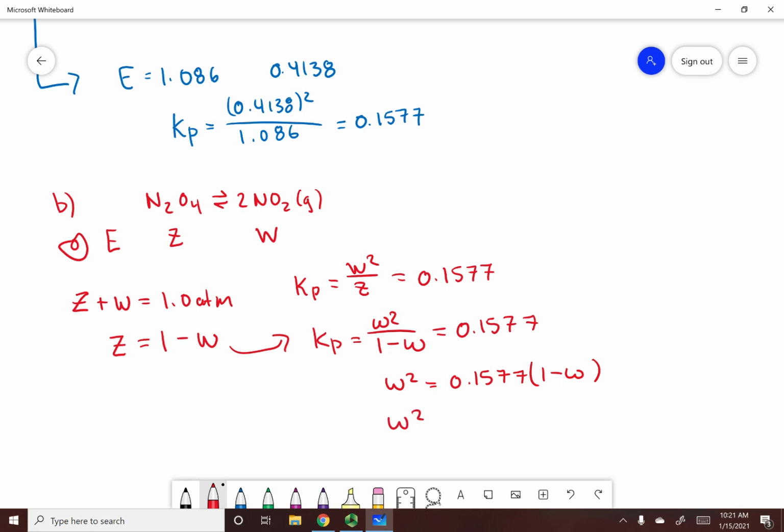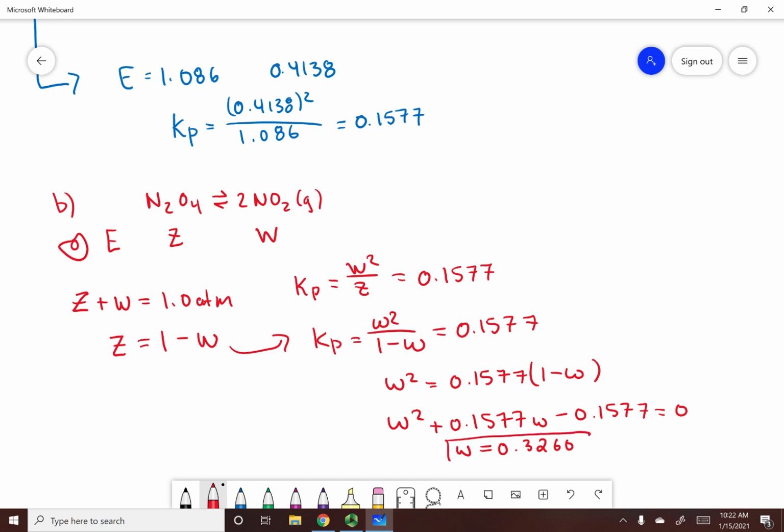So if you do that little bit of math, you get W squared plus 0.1577 W minus 0.1577, all of this equal to 0. Go ahead and plug this into a solver. You'll get two values, but the only reasonable one is 0.3260. Remember, you can't have a negative pressure.